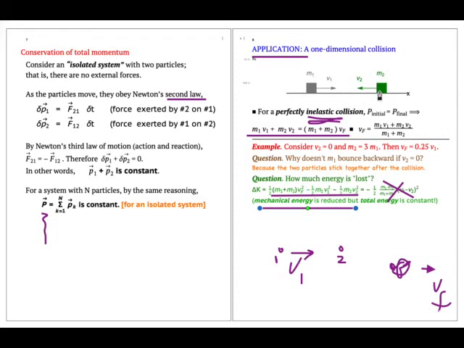Well, they've lost energy from the potential energy of their dimensions. So in an inelastic collision, kinetic energy is converted into some other form of energy. But momentum is conserved.